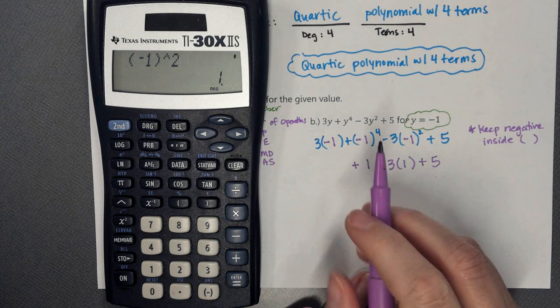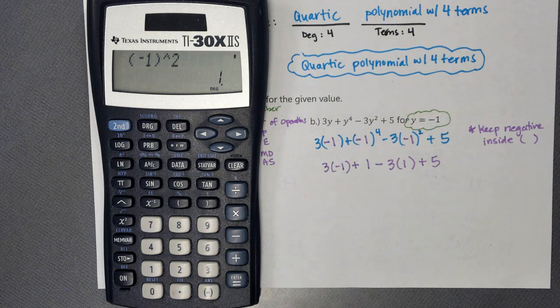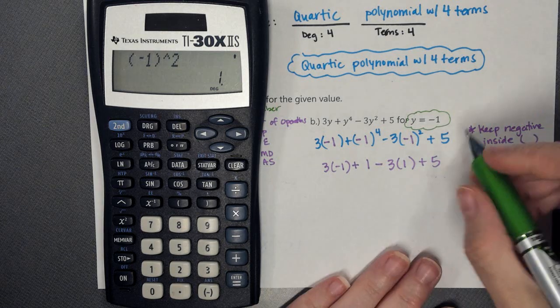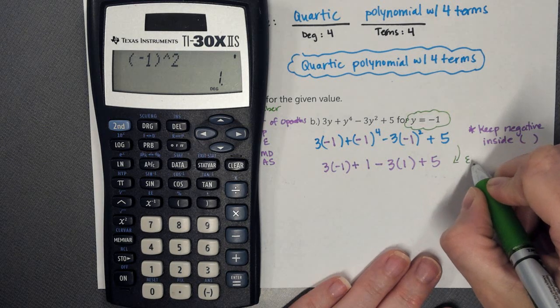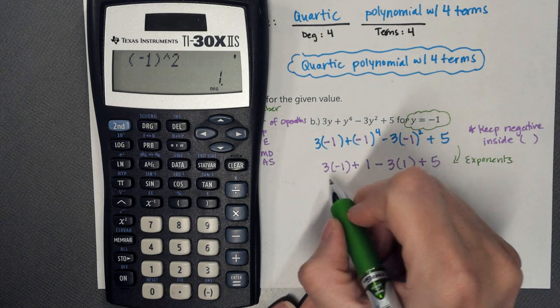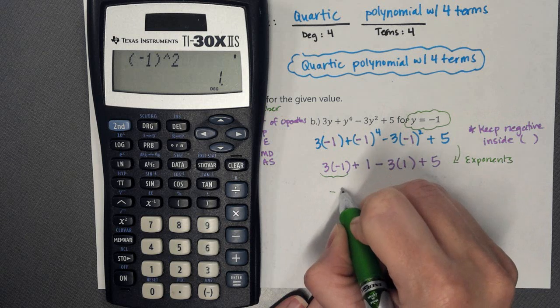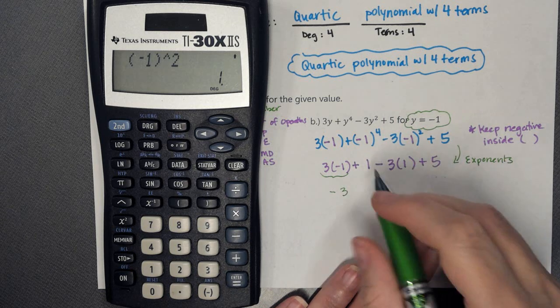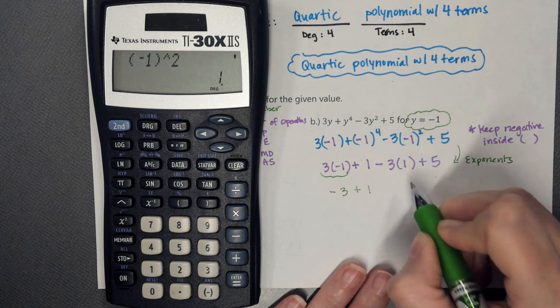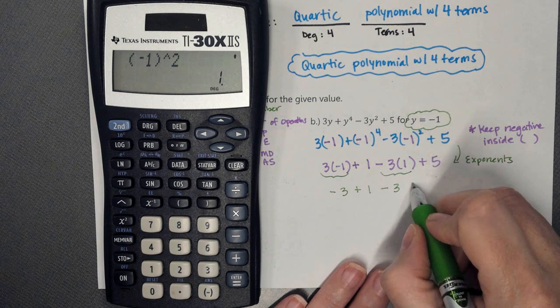And then we're just going to drop that down. So what we did is we evaluated the exponents. Now we're going to multiply. So 3 times negative 1 is negative 3. This is plus 1 minus 3 plus 5.